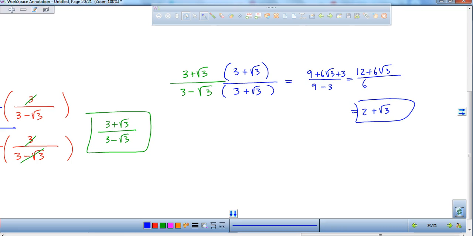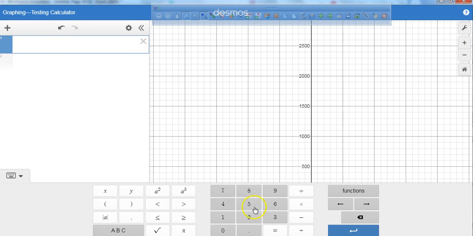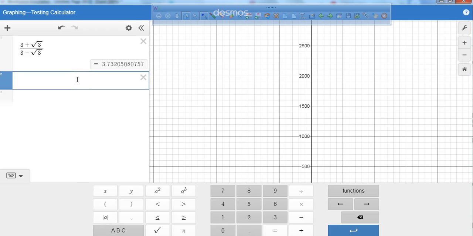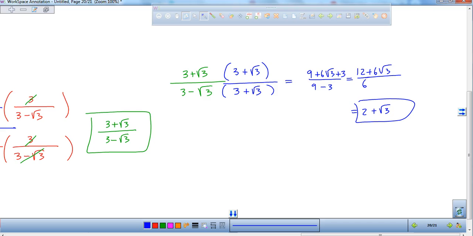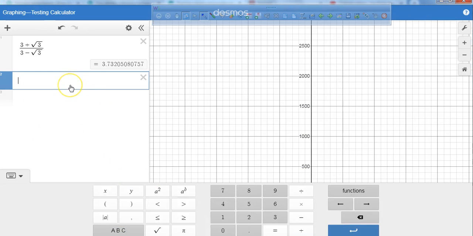3 plus radical 3 over 3 minus radical 3. Here we go. 3 plus radical 3 over 3 minus radical 3. There's the decimal. I want you to see that it's the exact same thing as 2 plus radical 3.